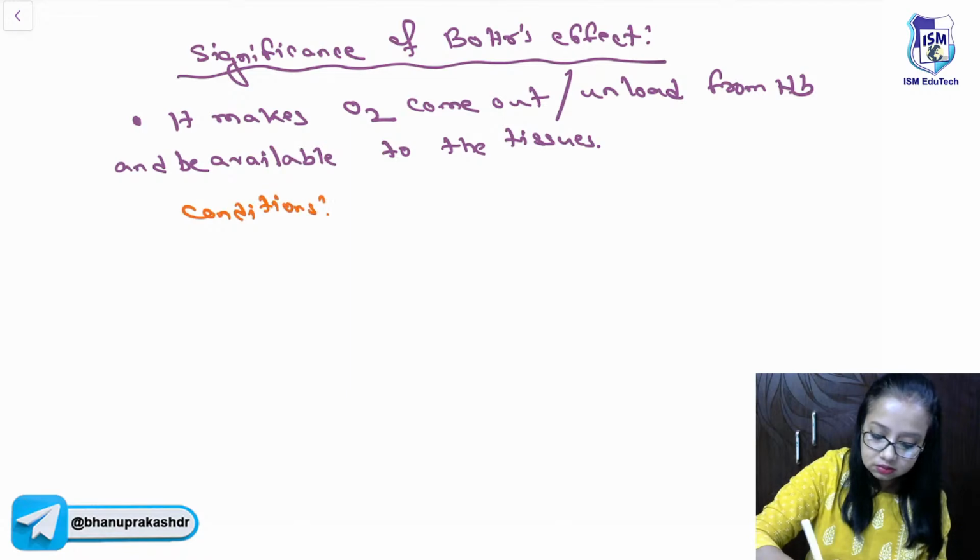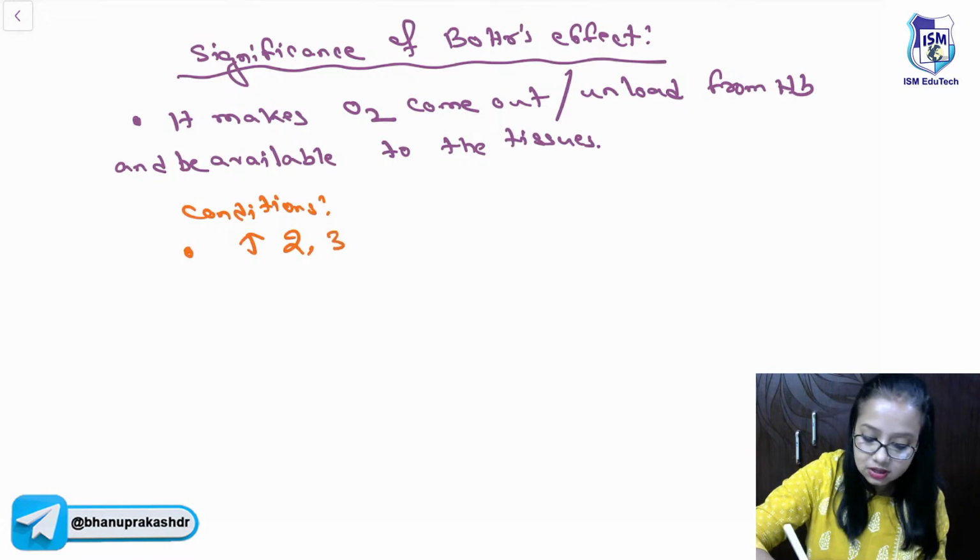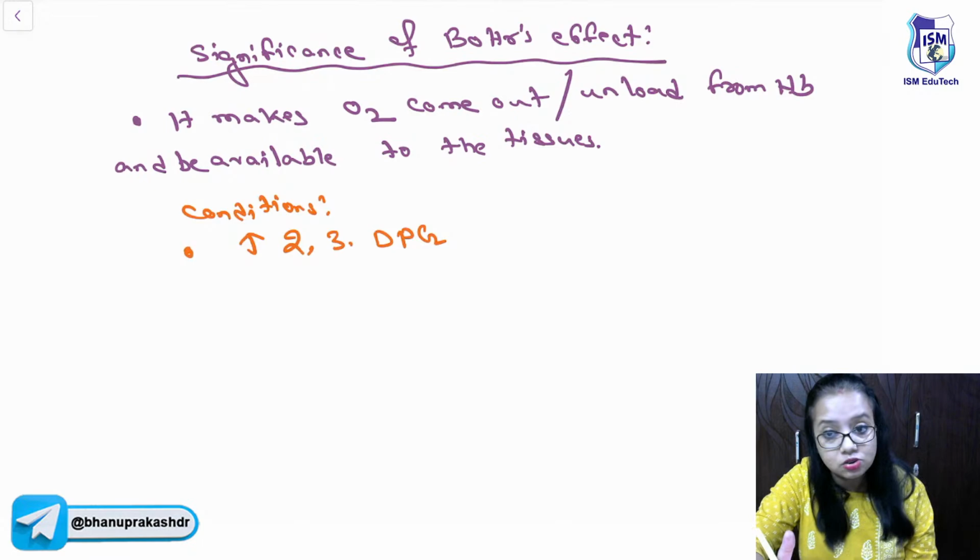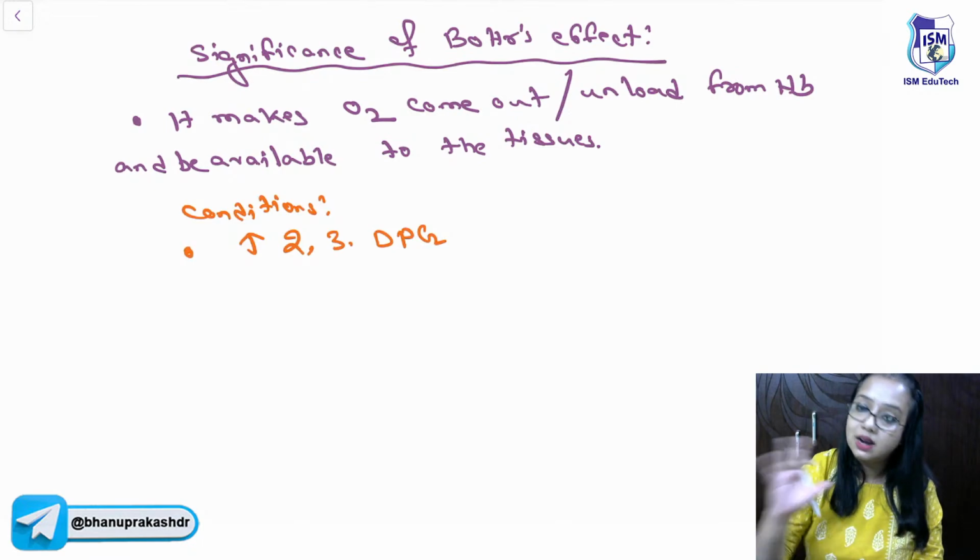Those conditions are increase in the metabolite 2,3-diphosphoglycerate. Now, this is a byproduct of glycolysis and it is always happening in the RBC.